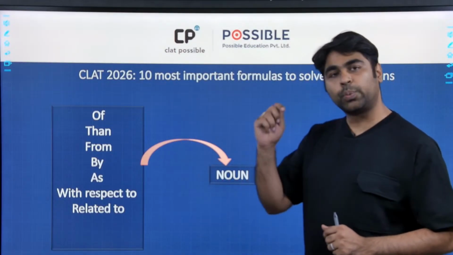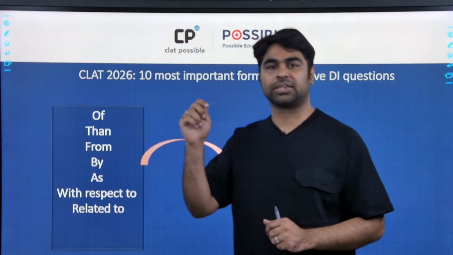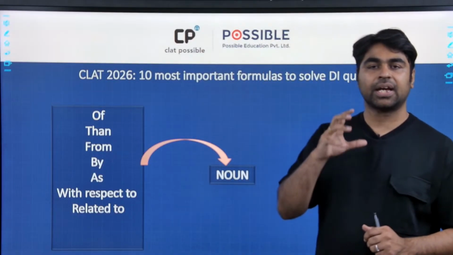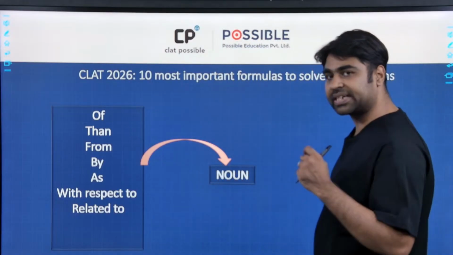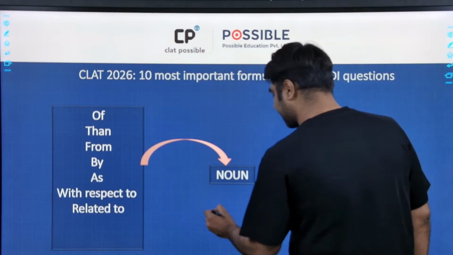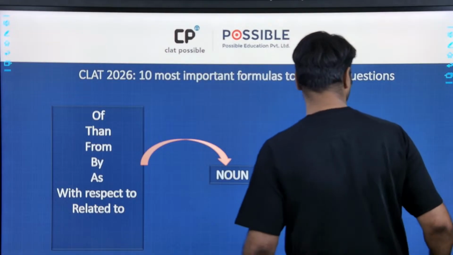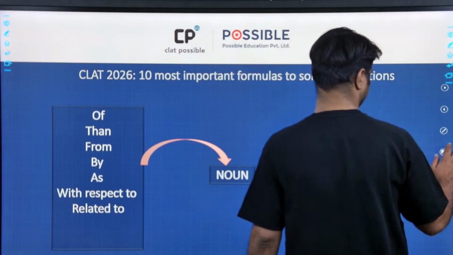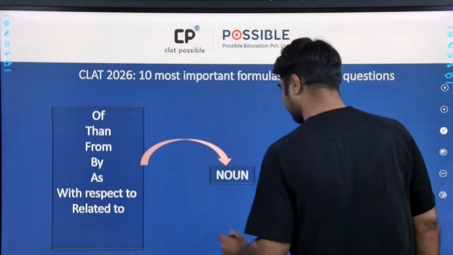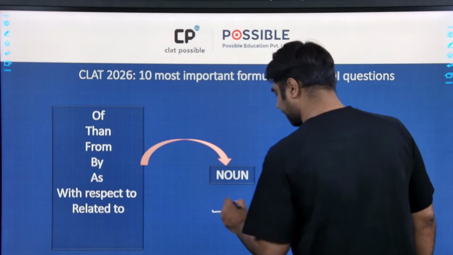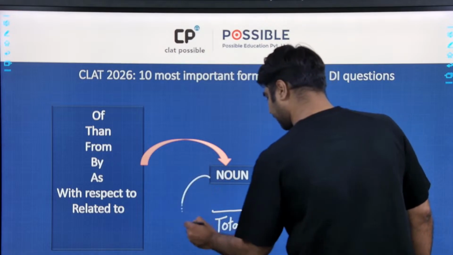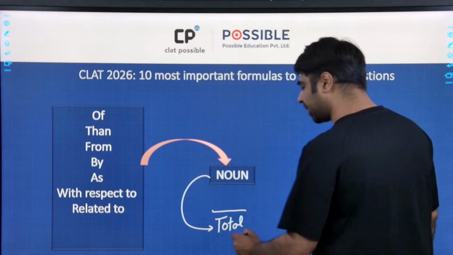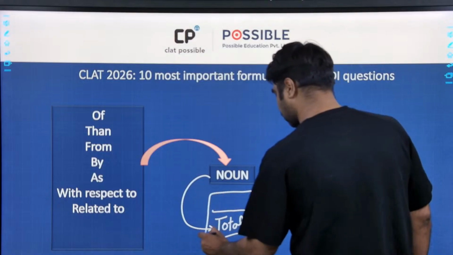We talk with respect to that particular noun. ठीक है, in Hindi we say हम उसके respect में बात करते हैं. In the chapter of percentages, we take that particular noun and make it the denominator of our fraction.